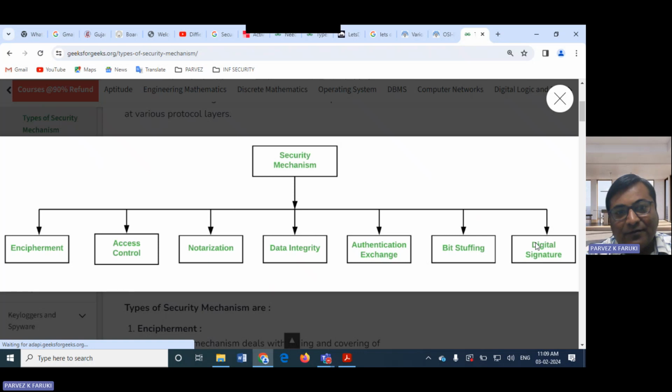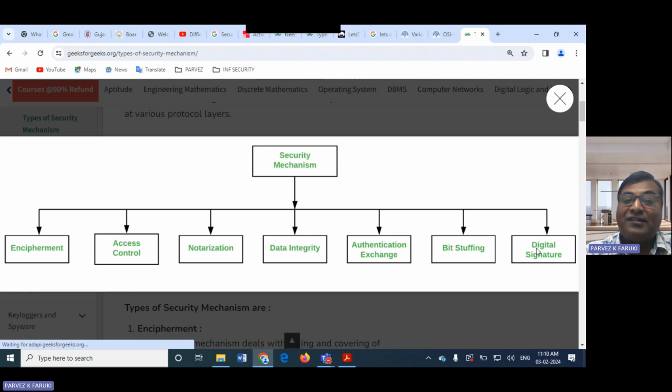When you create a file, there can be n number of copies of it. But when you want to protect that file, since you own it, since it's your intellectual property, then a digital signature, a document signed by the owner of that object, is through a process which is called digital signature. So remember encryption, access control, notarization, data integrity, authentication exchange, bit stuffing, and digital signature.